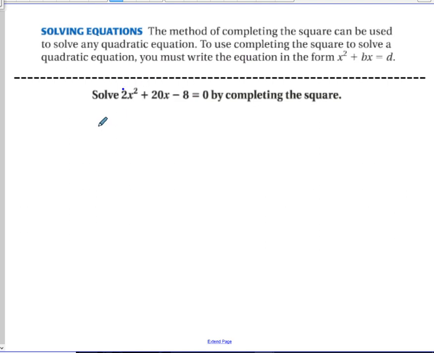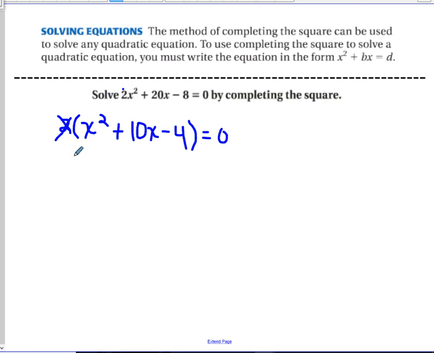So I'm going to factor that 2 out first, and I'm going to end up with x squared plus 10x minus 4, and that all equals 0, okay? This 2 in the front, we can just disregard it. It kind of just goes away, okay? We factored it out, we're fine.